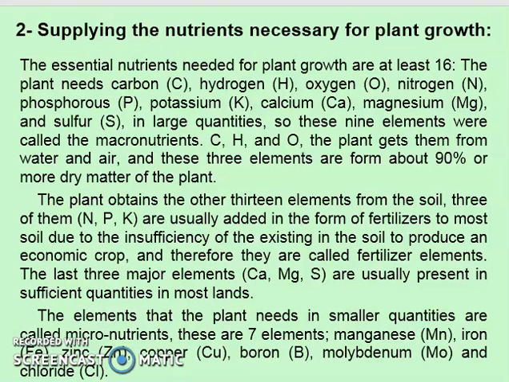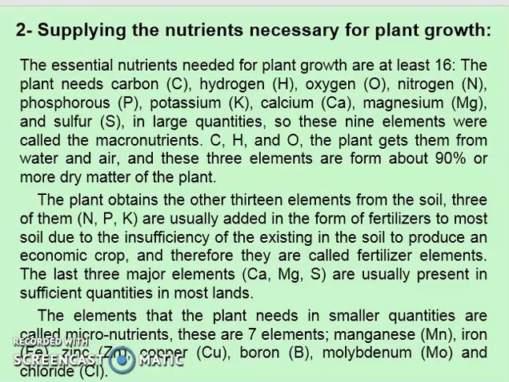The plant obtains the other 13 elements, which are potassium, calcium, magnesium, until sulfur, from the soil. So the plant absorbs 3 elements from the air and water, and 13 from the soil.